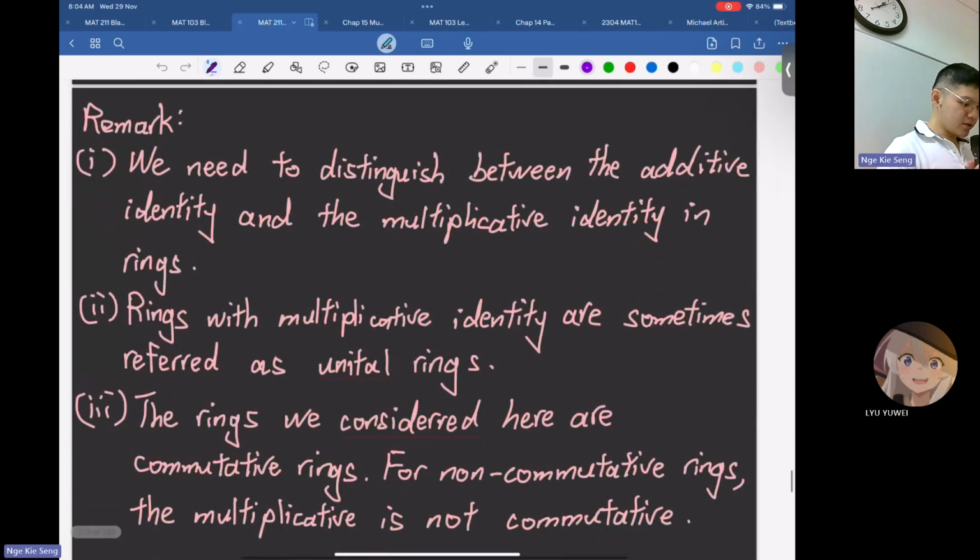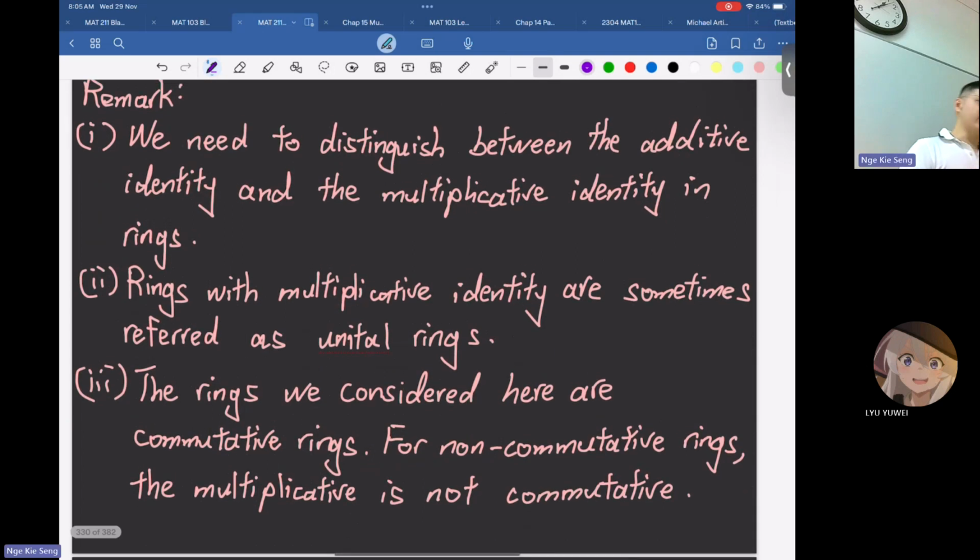I put some remarks in the lecture notes, so please check them out. There's a typo here. The first remark is very important: you distinguish between the additive identity and the multiplicative identity. There are two identities inside the ring that you need to tackle. Second, if your ring has a multiplicative identity, sometimes in the references you will see this called a unital ring. Some rings don't include the multiplicative identity, but in our case we include it.